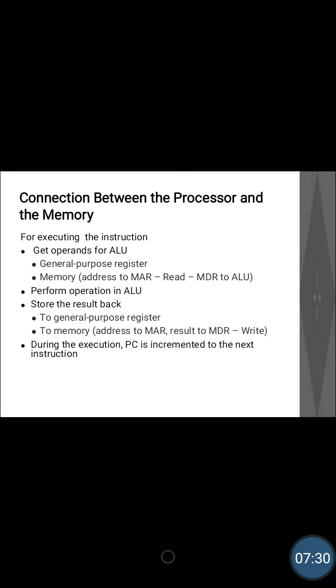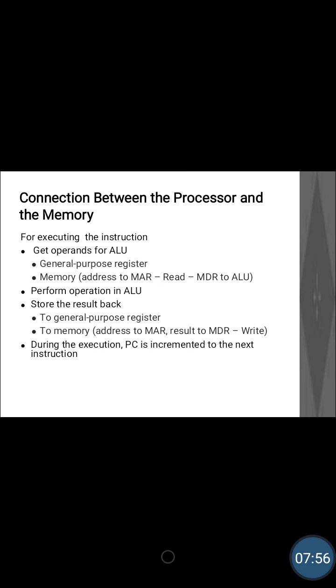Then what does it do? It has to take the content from LOCA. That's why the address of LOCA is moved to MAR. Okay, again the control unit sends the read signal. After getting the read signal, it collects the address from MAR and then reads whatever is present in that address.